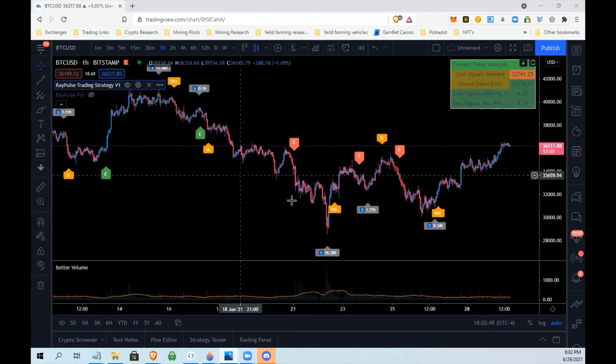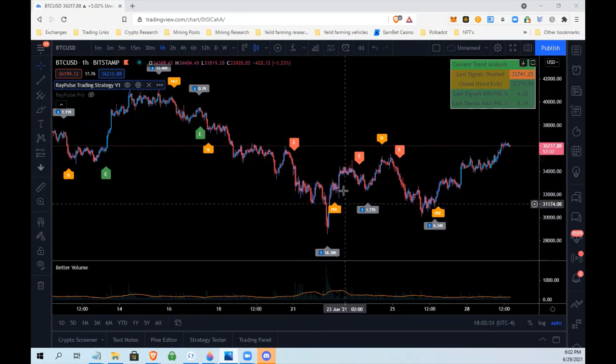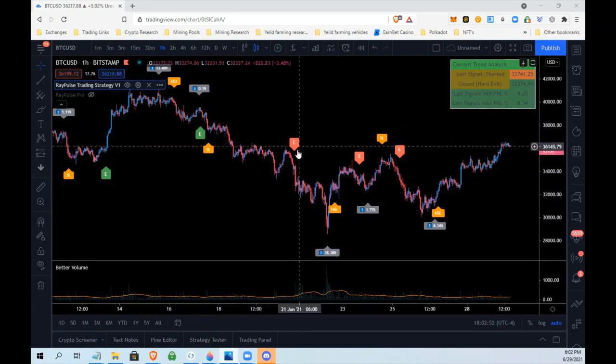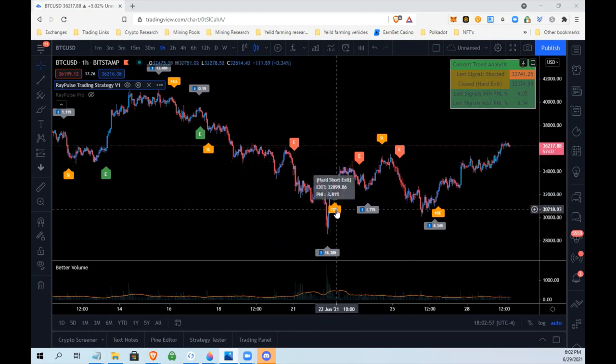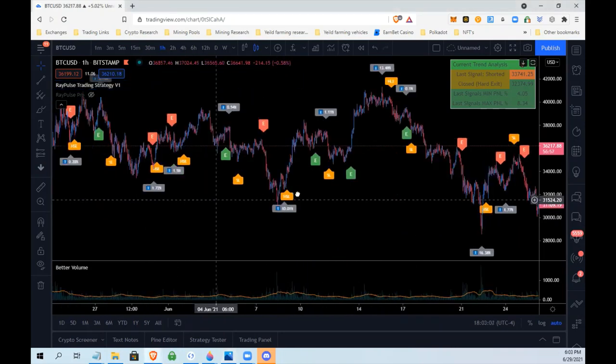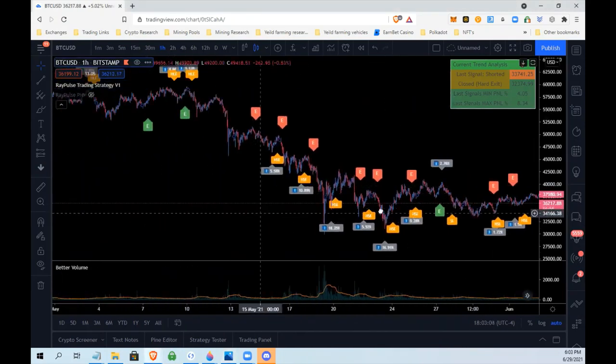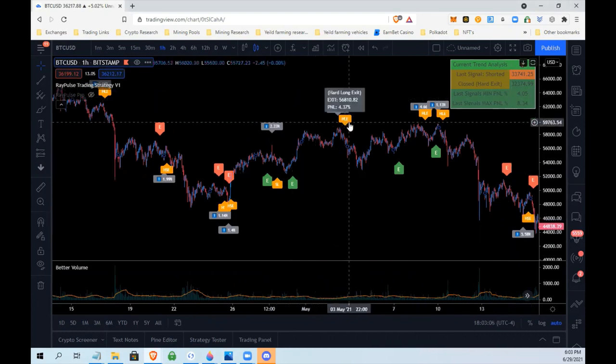The beginner indicator doesn't tell you when to take profit, so I do suggest taking profit early and taking profit often. But you will see these hard short exit, or HSE. If we scroll back to the indicator to a long position, you see this is an HLE, which is a hard long exit.